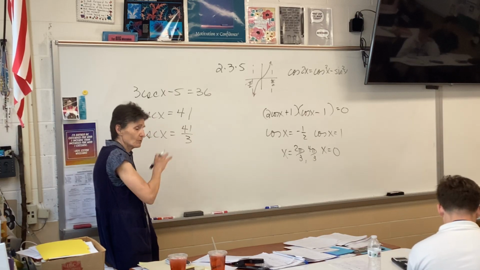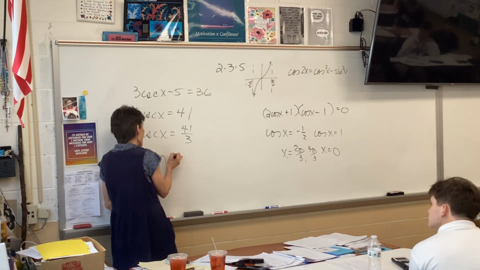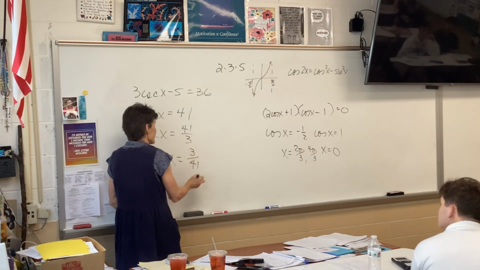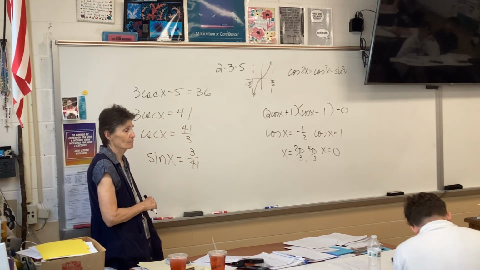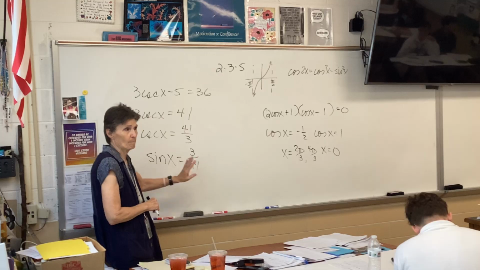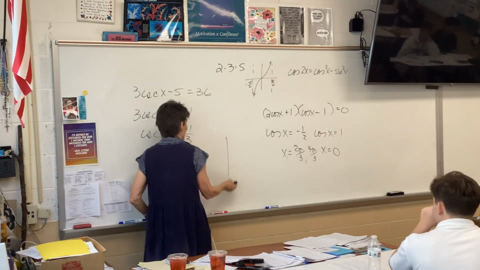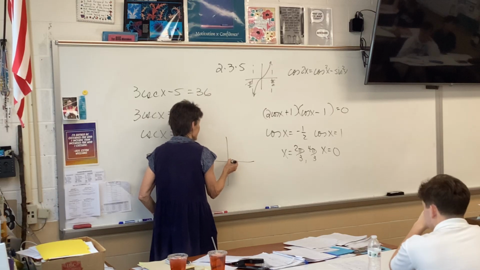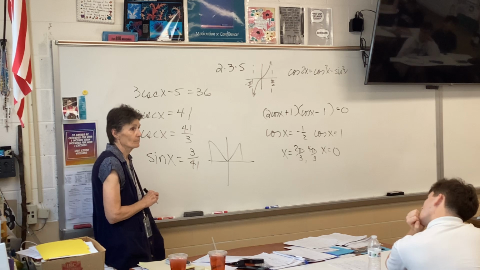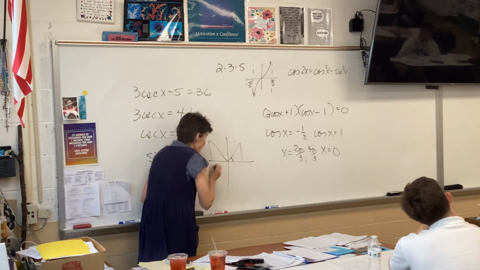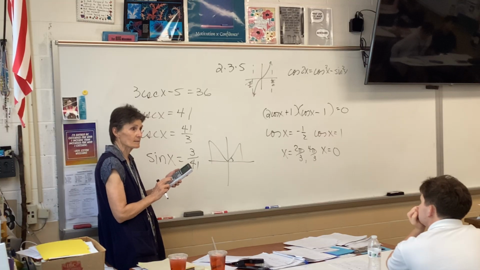Now, I don't want to color the way you process the problem. This doesn't make sense to me, so I have to think about it as sine is 3 over 41. These are not numbers that I have memorized. I do know, though, that the sine is positive here and here. And this angle right here has a sine of 3/41.